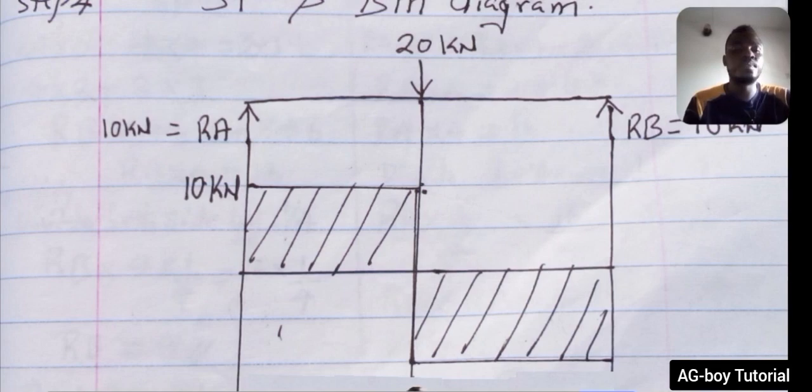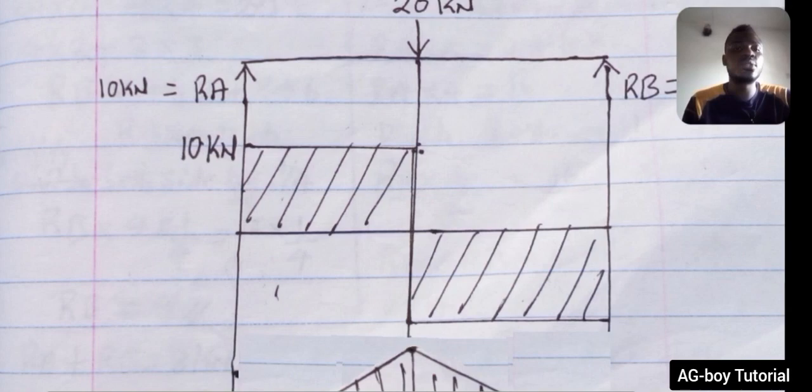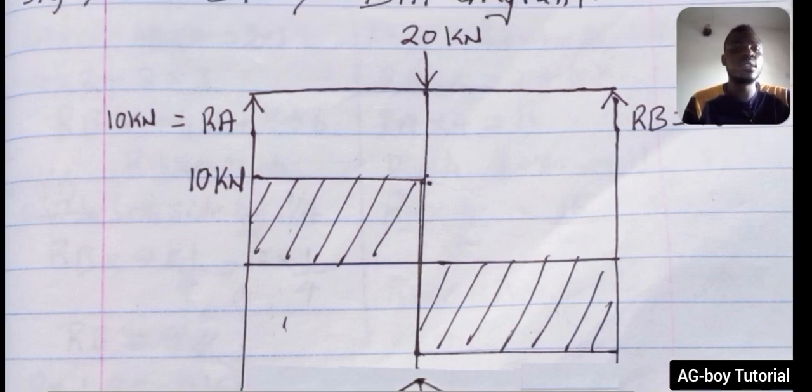Okay, then we also have 20 kilonewton pushing it downward and it gets to here and becomes minus 10 at this point here. Then since there is no UDL here, we are going to draw a straight line, and our RB here is also 10 kilonewton, which then pushes it and we end at 0.